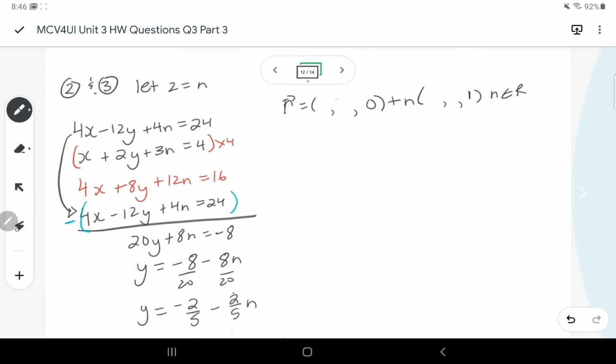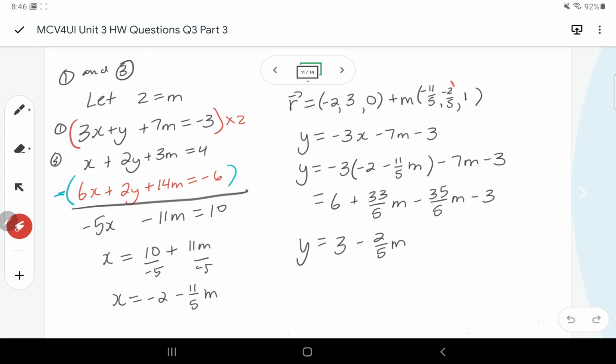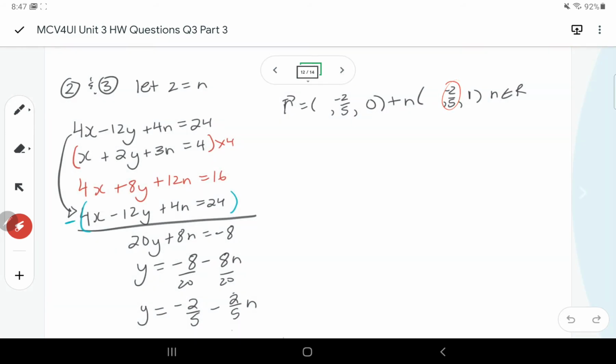So the position vector doesn't really matter. That's just where it crosses the xy plane, but the direction vectors should all be the same. So I'm already looking back and saying, oh good, because I wanted to have that negative 2 over 5 in that component. So using that third equation, x is negative 2y minus 3n plus 4, and I'll just sub in my value for y.